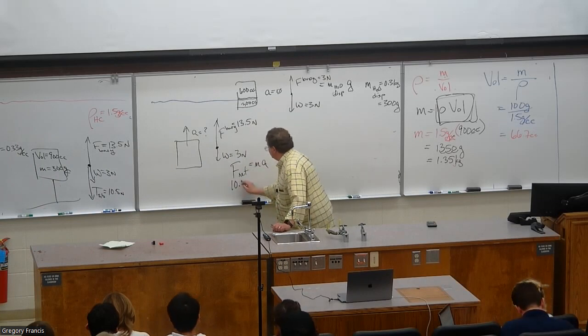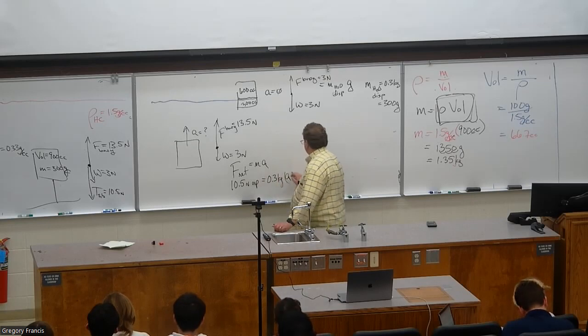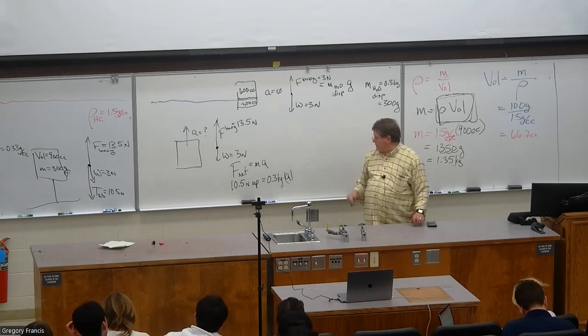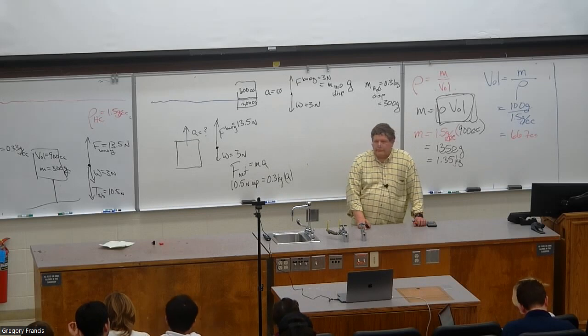That's going to be 10.5 newtons up. And that's going to equal a mass of 0.3 kilograms times the acceleration. And I can solve for the acceleration. And this time I get 30 and change, 30 something. Okay.